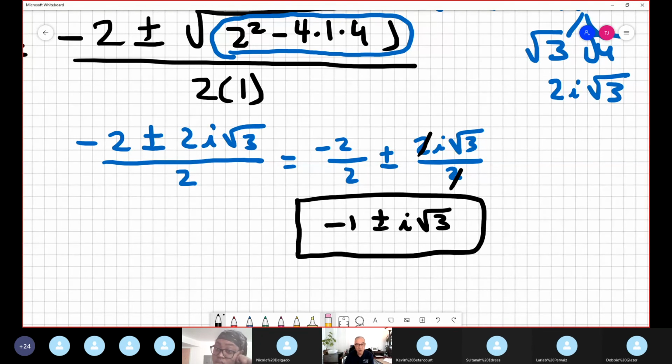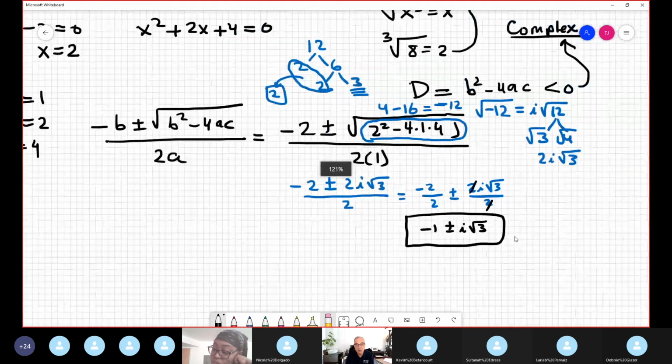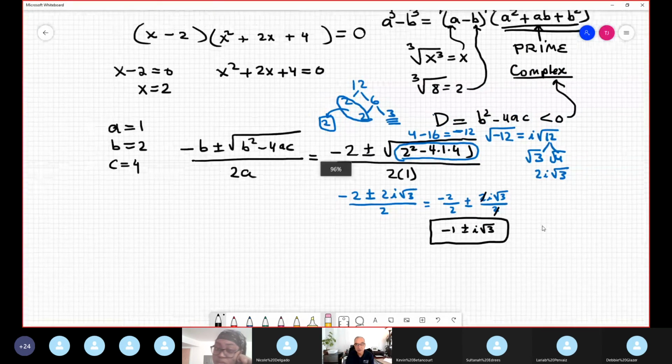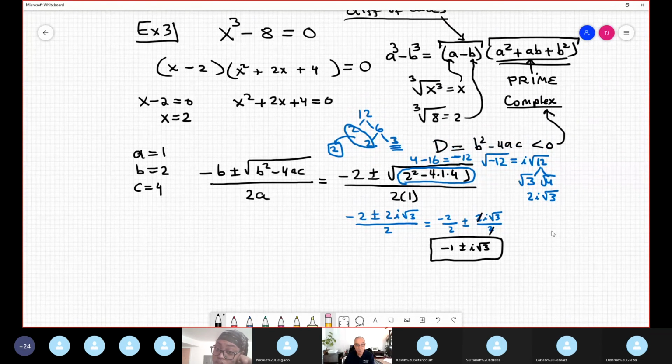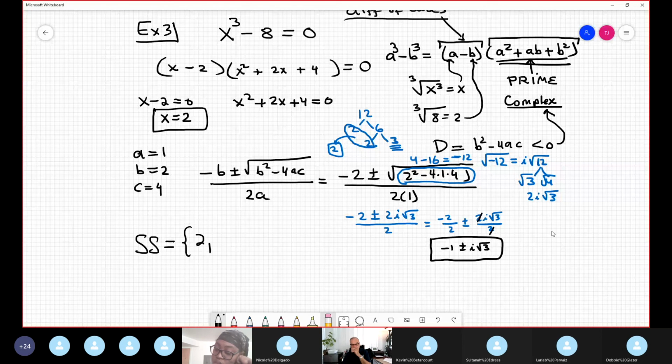So, how many solutions in total do we have? How many? Let me see at the beginning. I am lost. Complicated problem. Well, we discovered here one real solution, which is 2, and 2 complex solutions, which always happen, because the complex solutions come in pairs of conjugates, plus and minus.